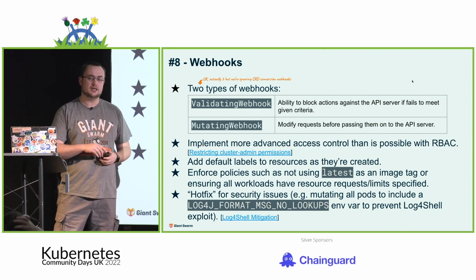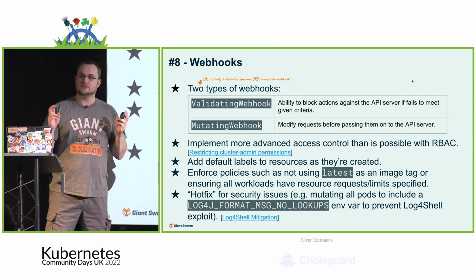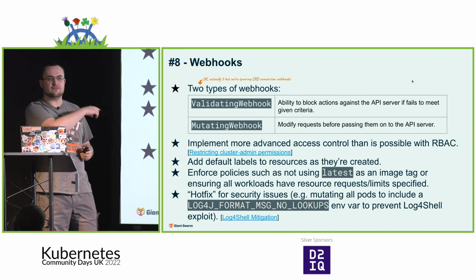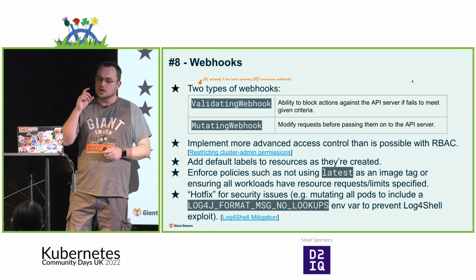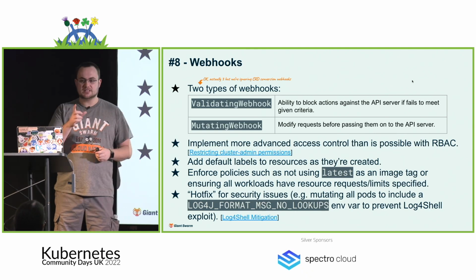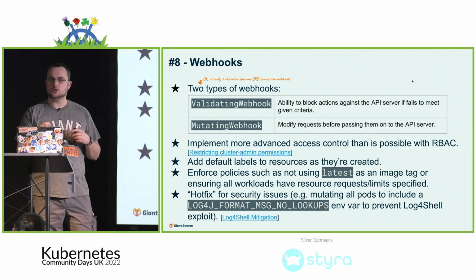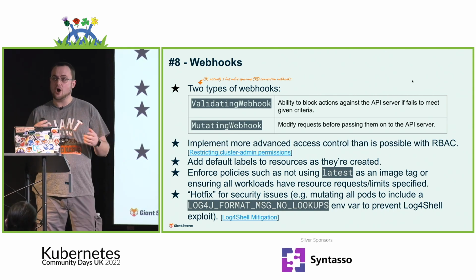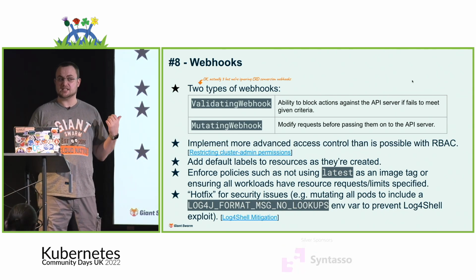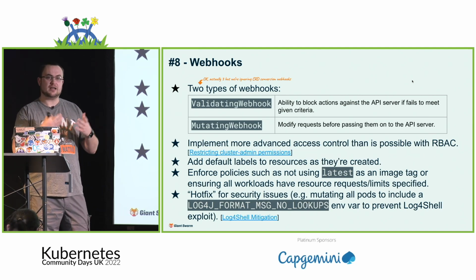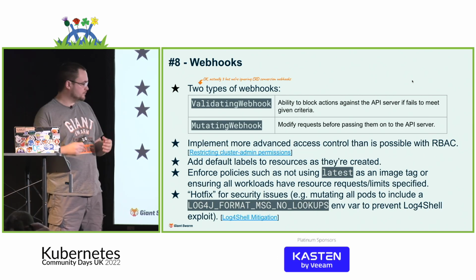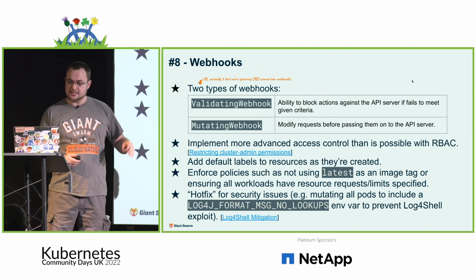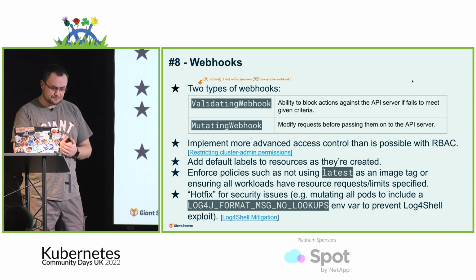The way that the fix, or rather turning off the vulnerability, worked is to set the log4j format message no lookups environment variable to a specific value to then turn off the code path that was vulnerable. And we can actually do this with a webhook so that on pod creation, that just got automatically injected in all pods. So that then was no longer vulnerable. Very cool. And all these links that are highlighted here, I can share these out at a later date.